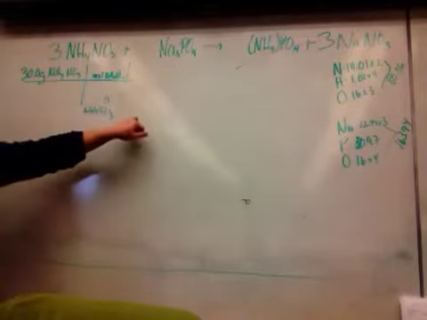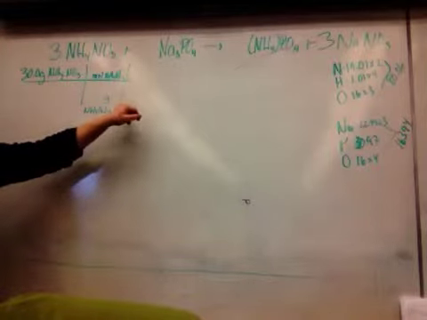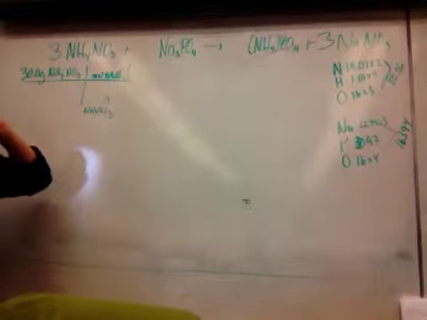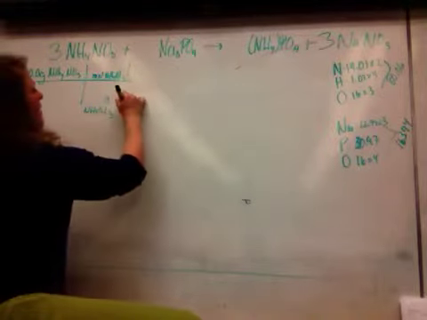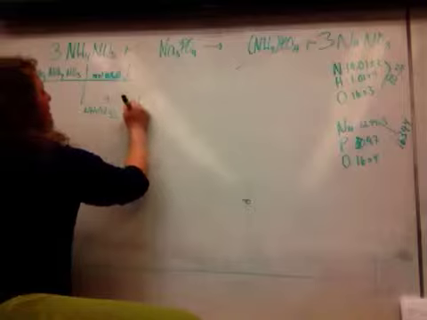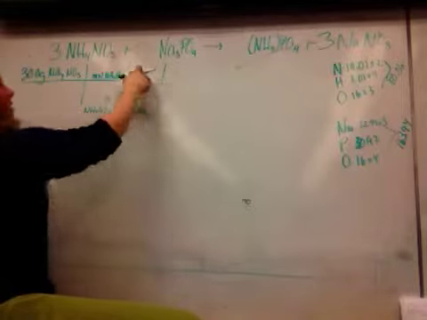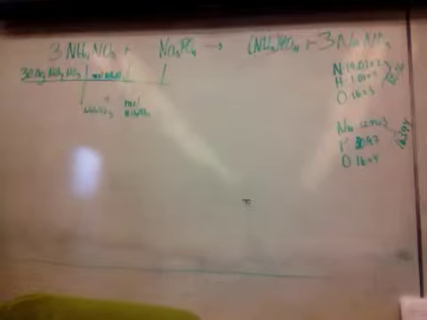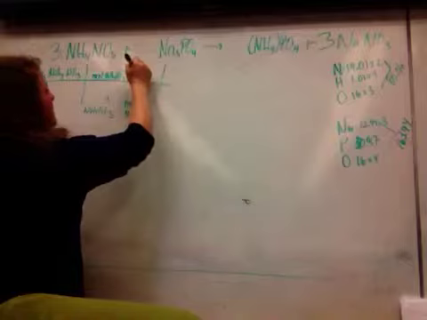Now we're ready to do a mole ratio to compare these things. What units, what chemical down here? Moles of ammonium nitrate, because I still have to have something to cancel. Units and chemical above that for my mole ratio: moles sodium phosphate.